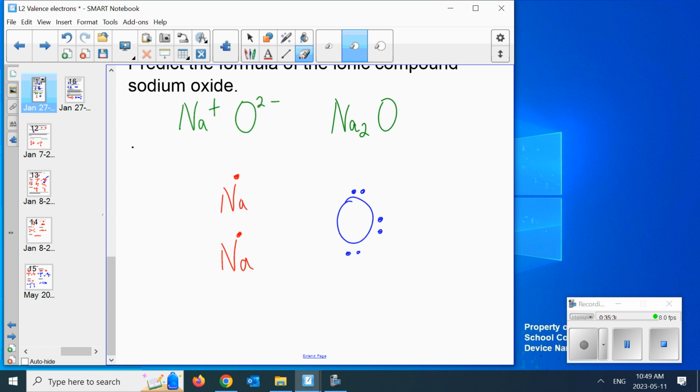Okay, these are what we have from above. When they come together, sodium plus oxygen, the elements, the oxygen needs the extra electrons. The sodium wants to lose them to have the more stable electron configuration of the closest noble gas. So, in a sense, a sodium electron is transferred, and another sodium electron is transferred.